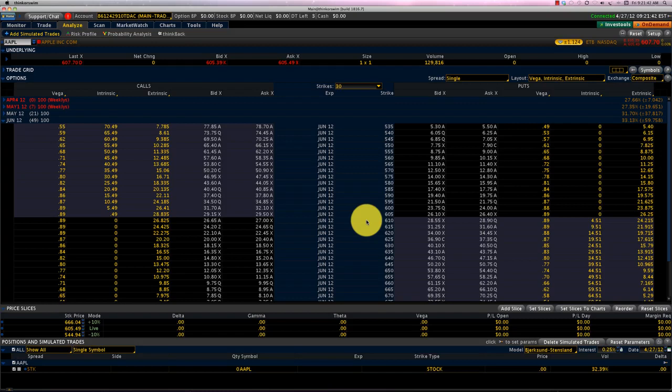So this part can be a little confusing for newcomers, so I want to take the time and explain this. So let's look at Apple. Its last traded price was about $608. It's been moving up. It reported blockbuster results, and so our at the money options are going to be close to the 610, the 605 or the 610. Let's look at the 610 for our example.